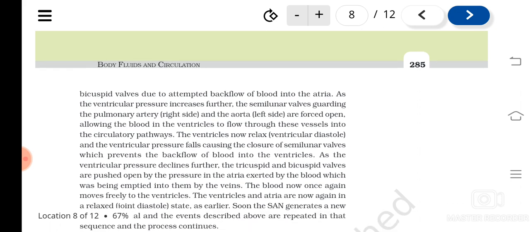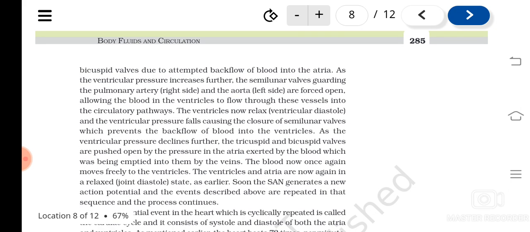Now the ventricles will get relaxed again. That is known as ventricular diastole, and the ventricular pressure falls. That results in the closure of semilunar valves, which is also needed to prevent the backward flow of blood.